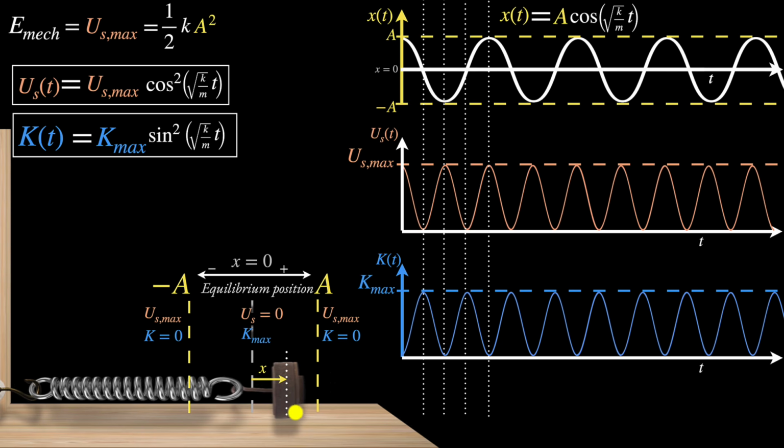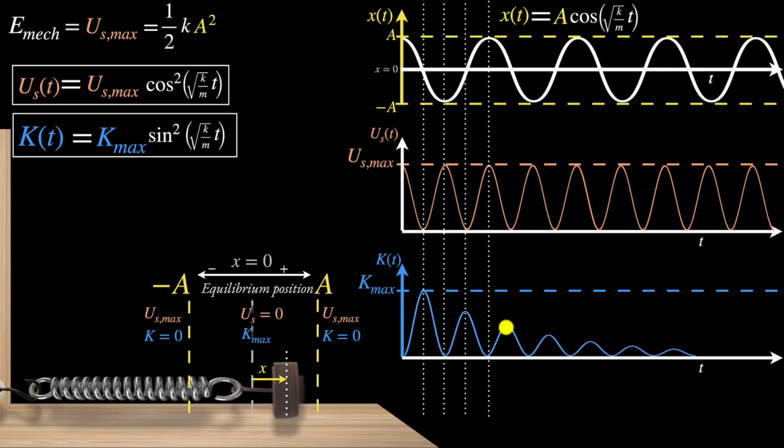Okay, well, because there is friction, you can intuitively think that the speed would keep reducing and it will eventually stop, right? At some point, it will just stop, which means that you would expect the graph to look somewhat like this. The maximum kinetic energy will also keep reducing, and eventually it will just stop. And since the mechanical energy is being lost here, the amplitudes of the other graphs, like the potential energy graph, will also decrease.